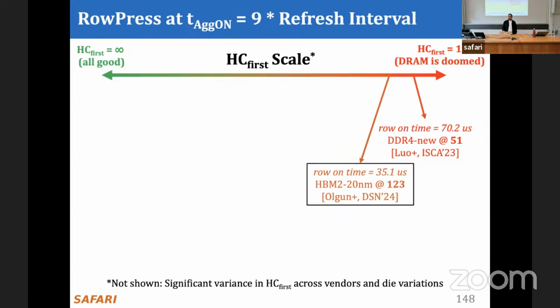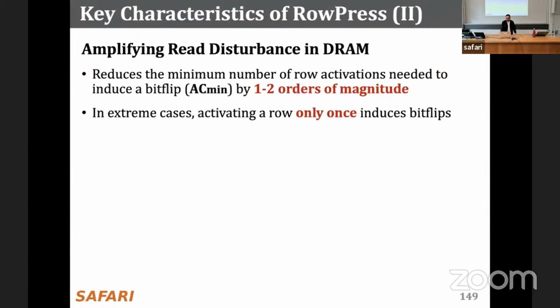These are quite low, and you can even easily observe benign workloads reaching these activation counts. Of course, they do not keep rows open for 70.2 microseconds, but just being in the same ballpark is something significant that shows that we need to immediately take some precautions, some countermeasures against this.